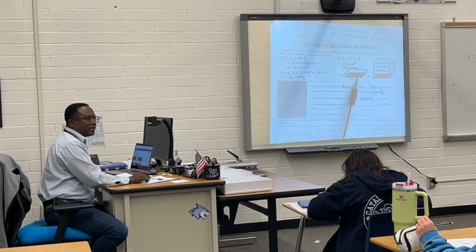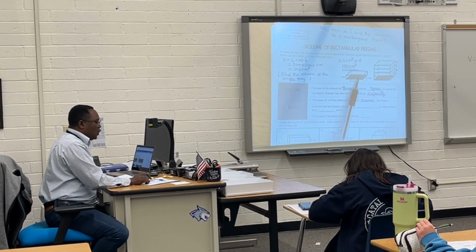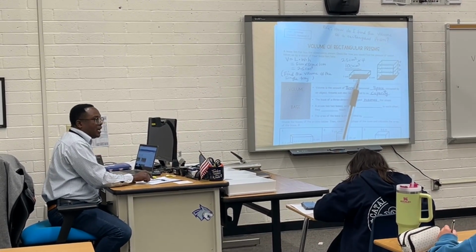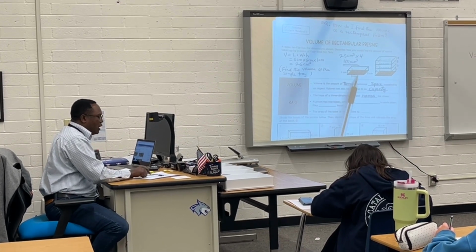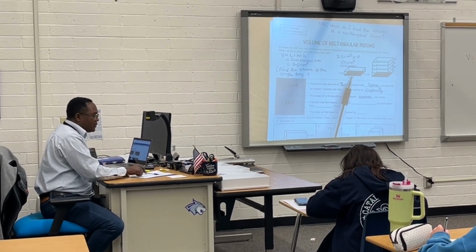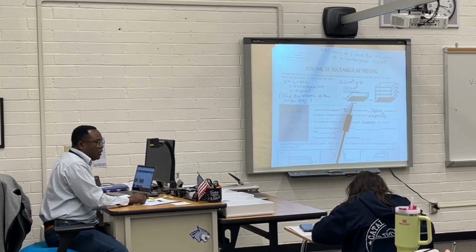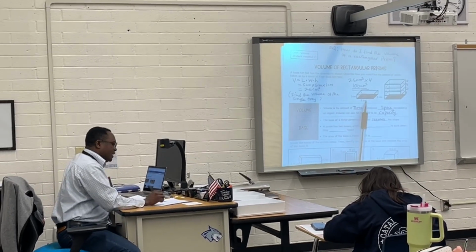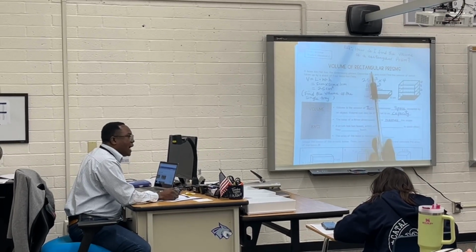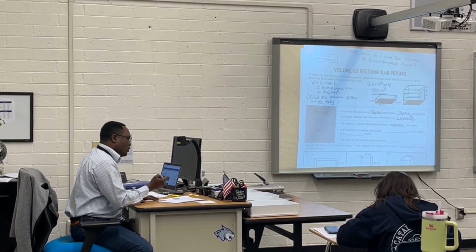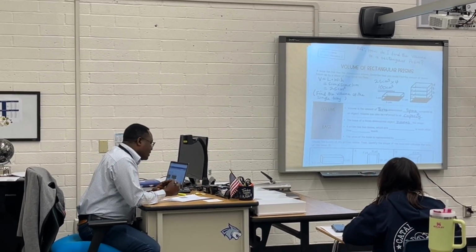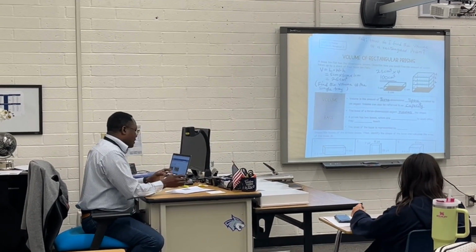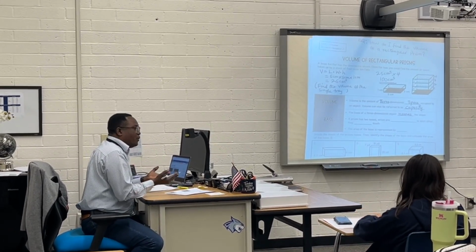The shape of the base is a rectangle. So if the shape of the base is, let's say, a triangle, then we shall call it what? A triangular prism. But because it is not a triangle, but a rectangle, it is called a rectangular prism. So we normally name the prism by the shape of the base.